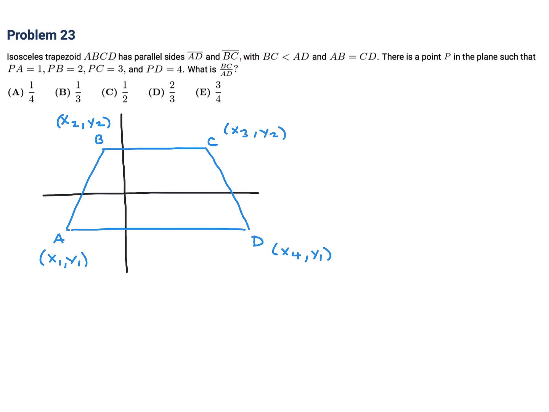And they tell me that P to A is 1, PB is 2, PC is 3, and PD is 4. Okay. All right, so pretty decent diagram, not drawn exactly to scale, but it's okay. And we eventually want to figure out BC over AD, okay?